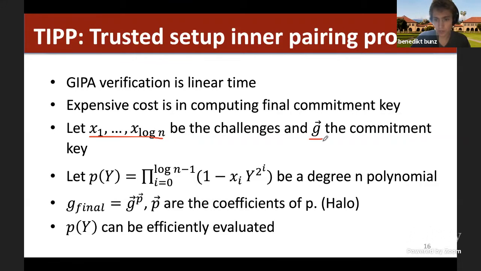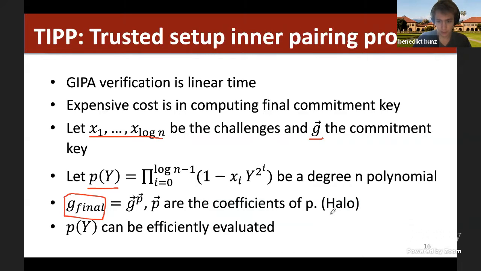And G is the original commitment key, so it's a vector of size n. Then the polynomial P of y has this form and is a degree n polynomial. It turns out that the final commitment key, G final, is exactly a Pedersen commitment to the coefficients of P.